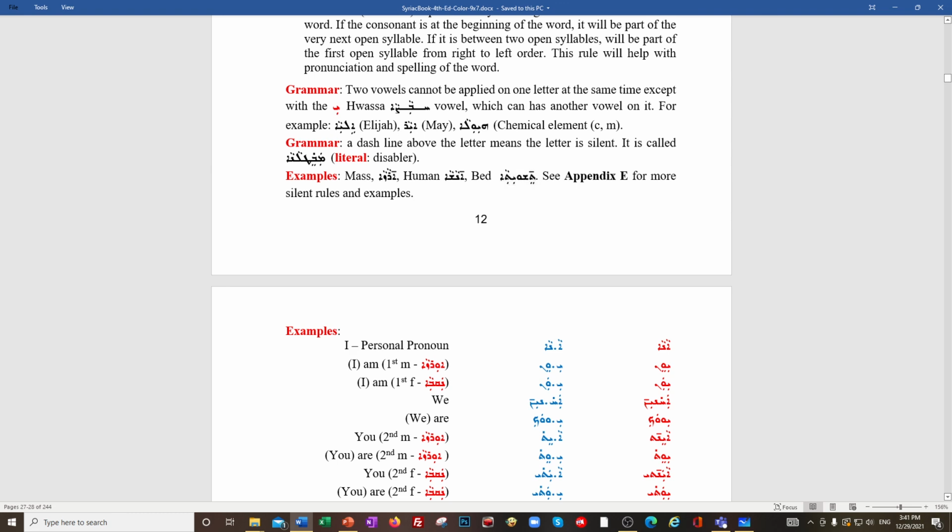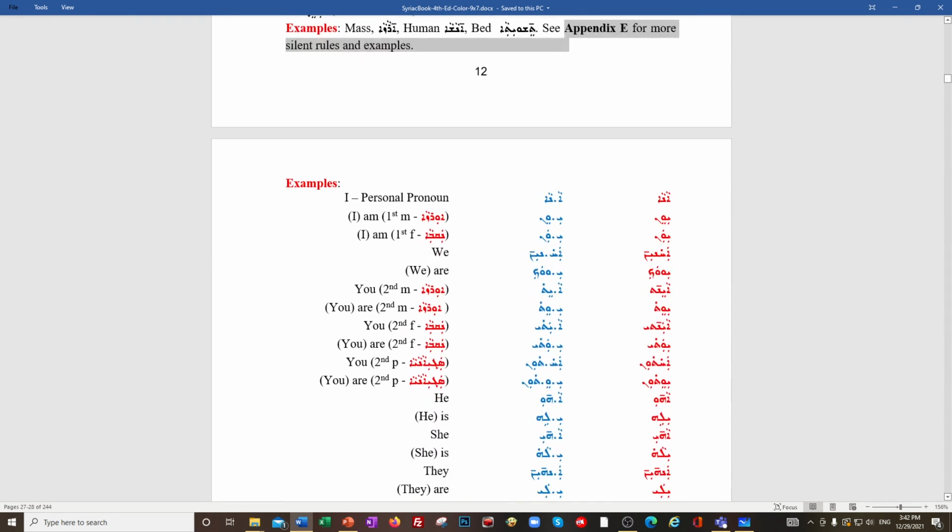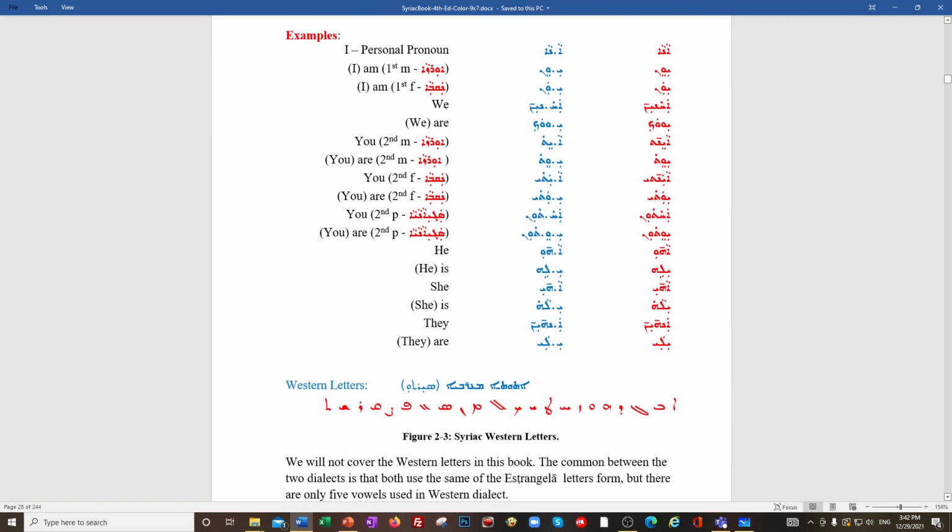But in the spoken language, which is the subject of this book, we're going to say shwitha, and we make the tau, the first letter, silent by putting the line above. In Appendix E, you can see more examples, and those who need to learn the grammar in a more official way can read Appendix E in this book.